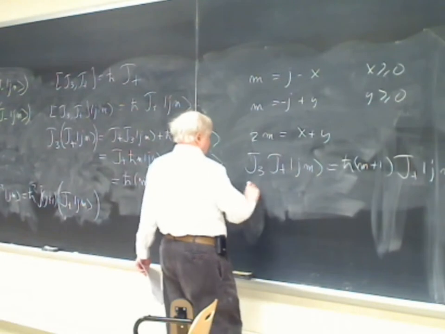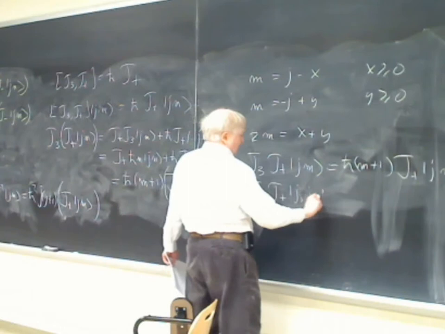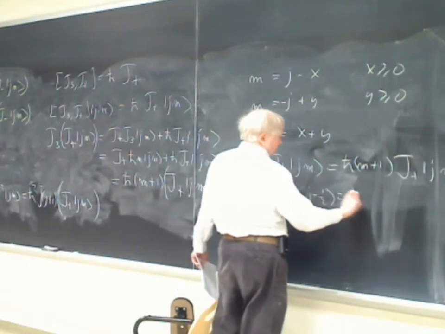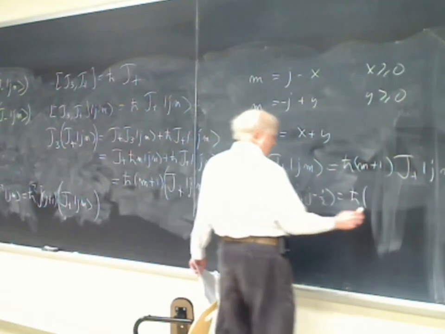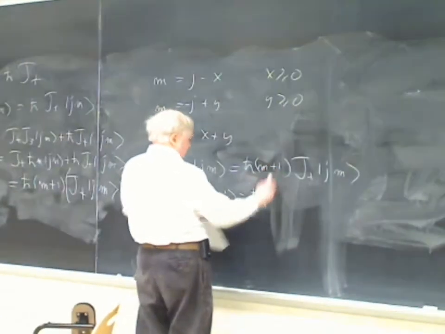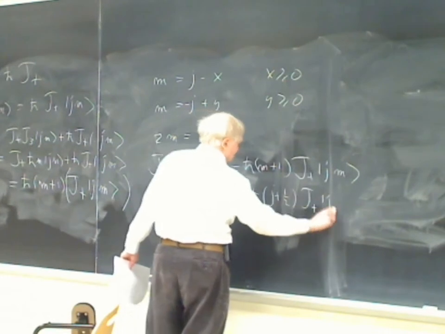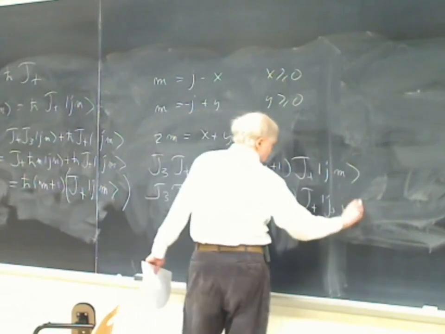1/2, this would be J3 J plus |j, j minus 1/2> equals h bar, m is j, so j minus 1/2 plus 1 would be j plus 1/2, times J plus |j, j minus 1/2>.